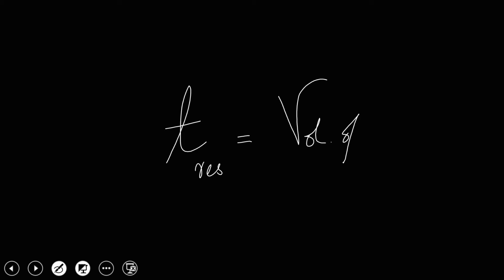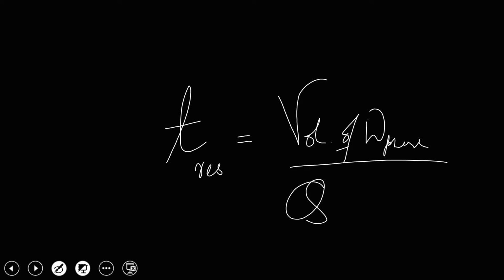Now, just to put it mathematically, residence time can also be written as the volume of water in a phase divided by the discharge in that phase.